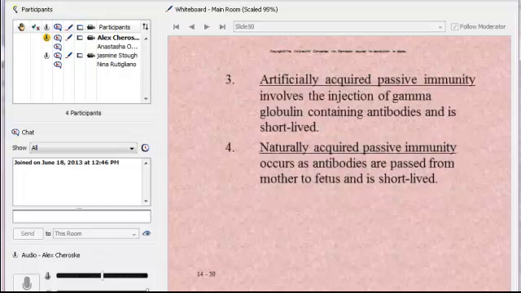Okay. Two other types of ways to acquire immunity. The third way is called artificially acquired passive immunity. In this case, you can get injected with antibodies. So say you're going to surgery or something like that. You can imagine that your outer defense system is going to be very compromised, right?